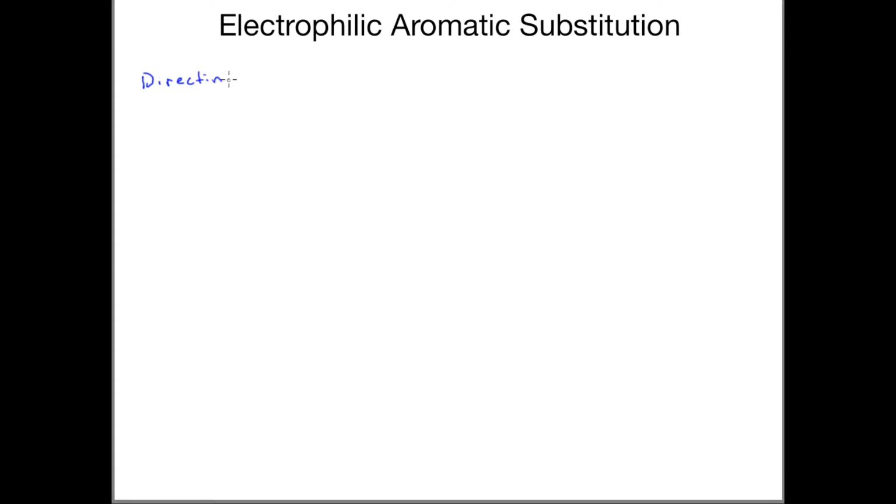So this brings us finally, which I briefly mentioned, regarding the position of those charges. This brings us to what we call directing effects. So whatever substituent you may already have on the ring, if you go to do a reaction to put something else on the ring, then those substituents play a role in whether or not the ring is going to be activated, and also where that next substituent will go.